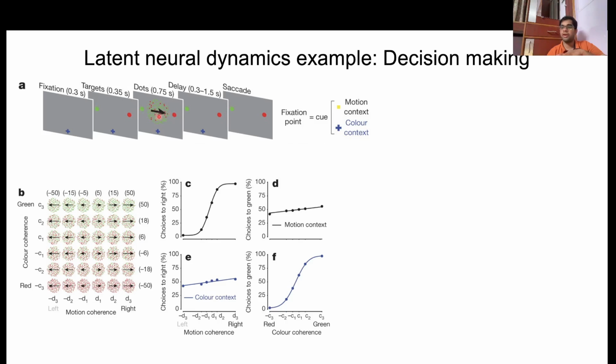If it is highly coherent with red dots, mostly red dots, then it has to make a saccade to the right. If it is a motion context, here the color is irrelevant. The monkey has to follow which direction the motion is moving. So if the motion is to the leftward, it has to make a saccade to the left side, irrespective of the color. Okay. So is the task clear here?